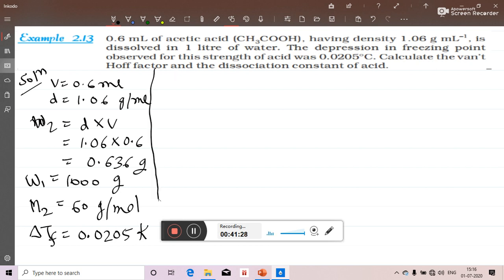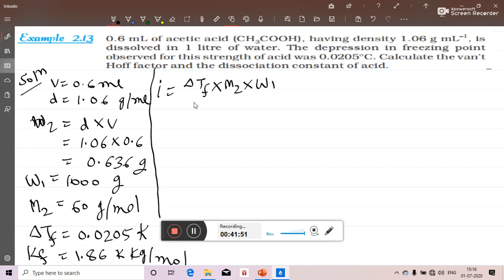Now Kf is given as 1.86 Kelvin kilogram per mole. So by using these quantities we can find out Van't Hoff factor i. So i is equal to ΔTf into M2 into W1 upon Kf into W2 into 1000.